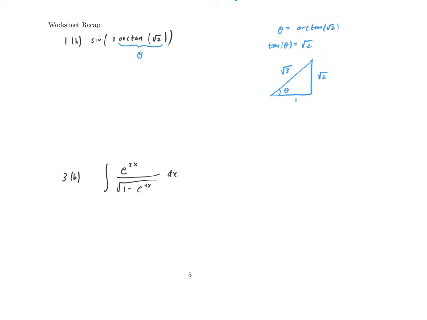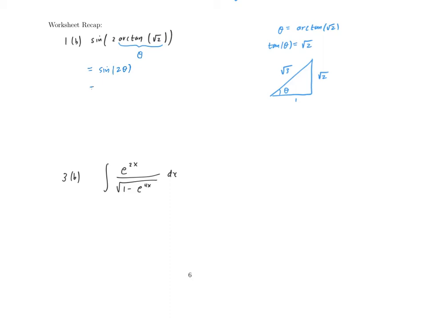So in terms of using our right triangle, we have sine of 2 theta. In its current form, we can't really work with this. But this is where you need to recall a double angle formula that we recently encountered.